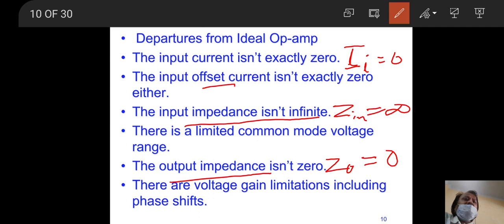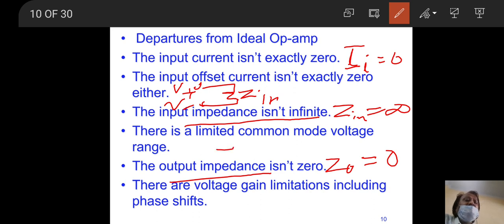This is your Zin, between the V positive and V negative terminals. This impedance is in parallel to these two terminals, so that's why the impedance is very high. The output impedance is 0.